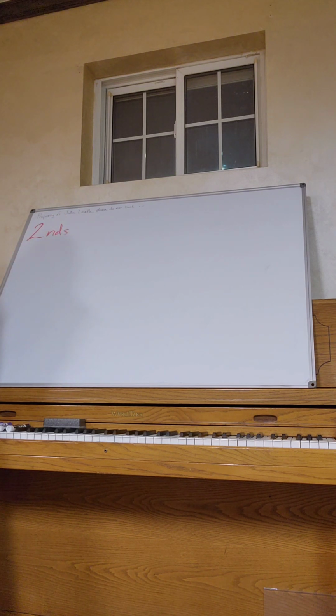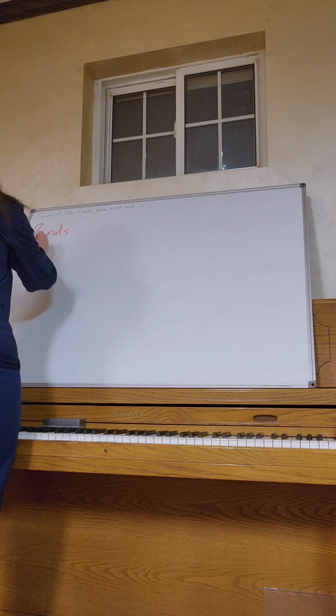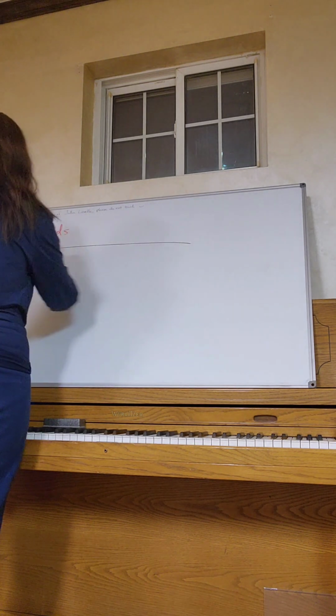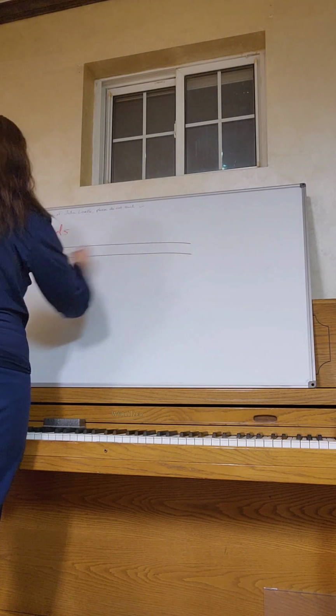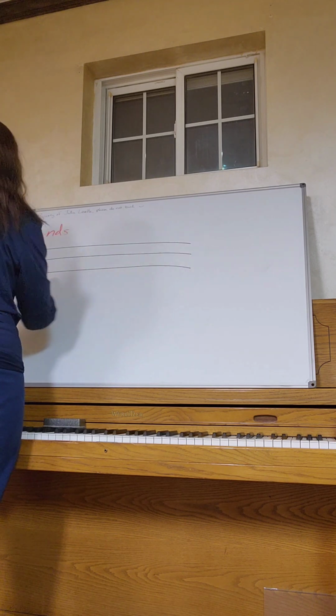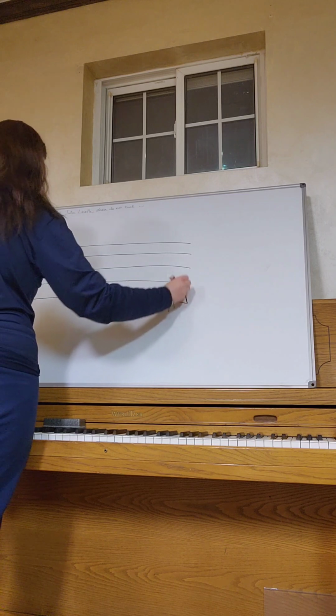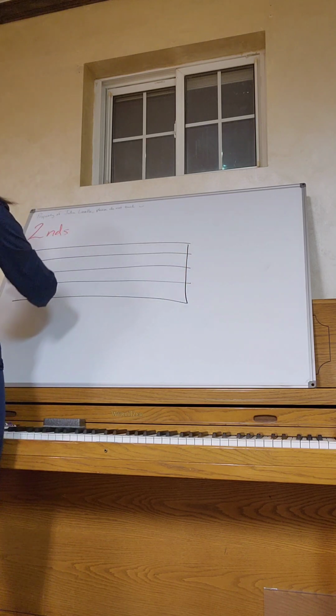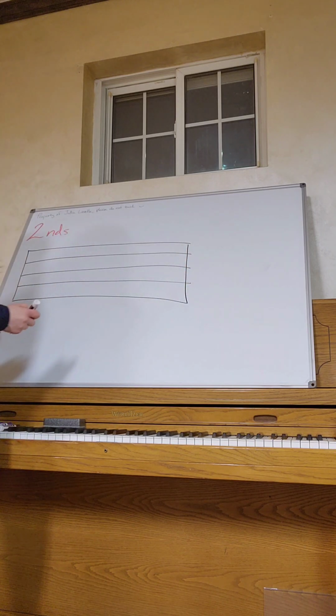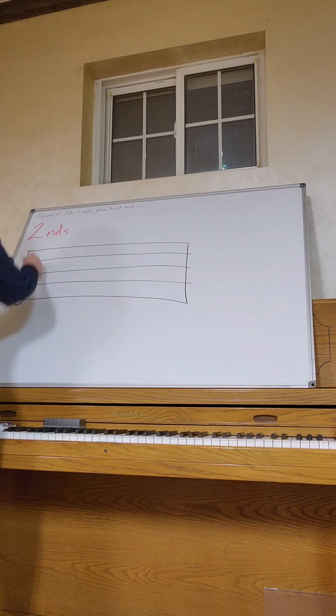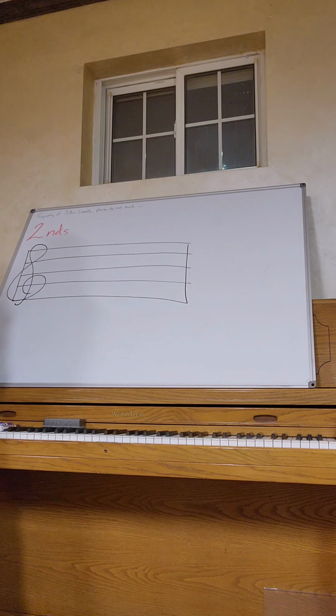Draw a staff real quick. It's not the prettiest staff, but it'll do. Let's draw a treble clef. There's our G clef.